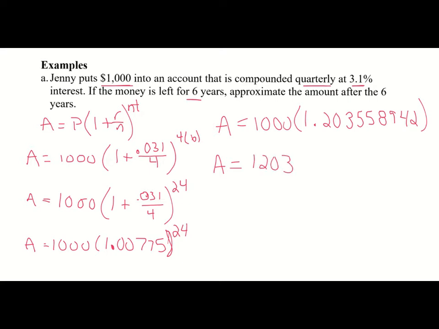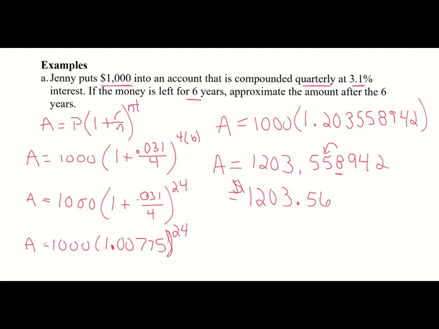Now I'm going to multiply that by 1,000. And when I do that, it's going to leave me with $1,203.558942. But we're talking money, so we are going to round it to $1,203, and that's an 8, so this becomes a 6. 56 cents.